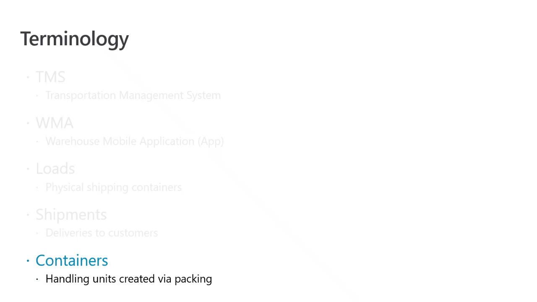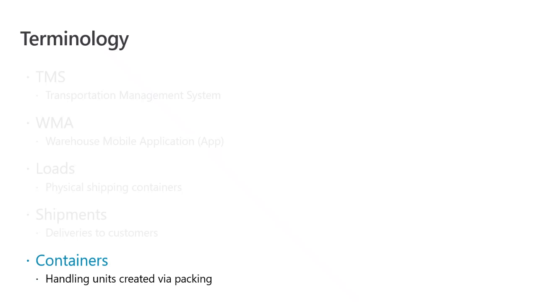And then finally, the last term here is containers, and this is also related to our shipments and loads. Containers are our handling units that we create when we're doing a packing process. That would be in the warehouse management module. But you create these containers. They might be an individual package that may be shipped via a parcel carrier.